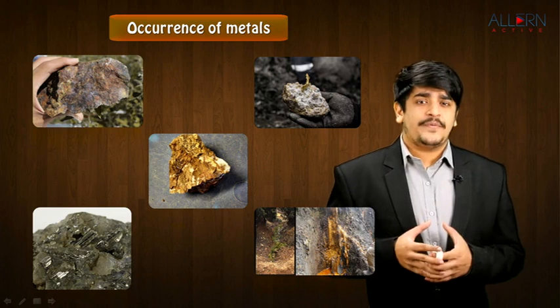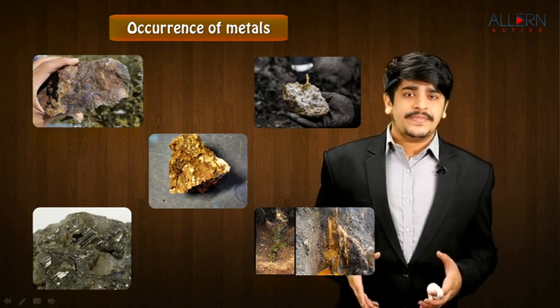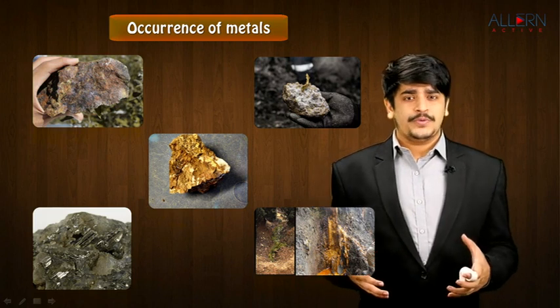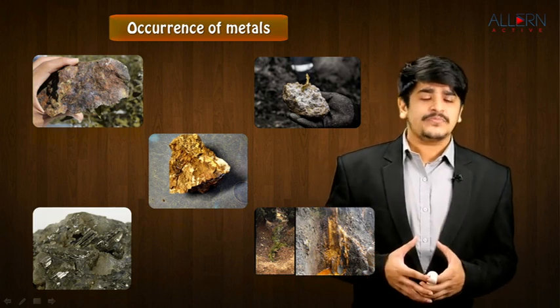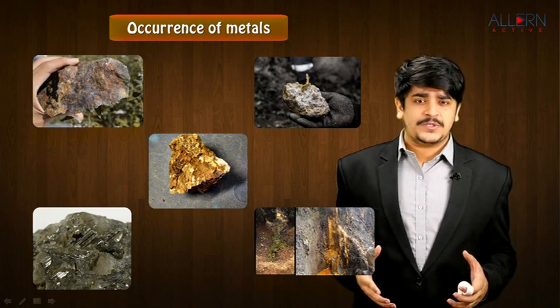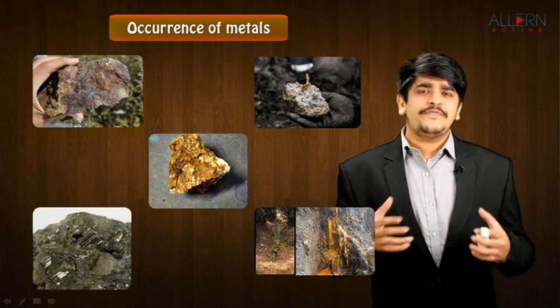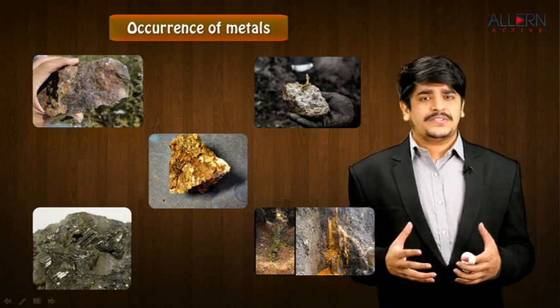If I have metals which are present in the lower portion of the activity series, such as gold, such as platinum, these are the kinds of metals which are very, very less reactive. In fact, they are the least reactive kind of metals.